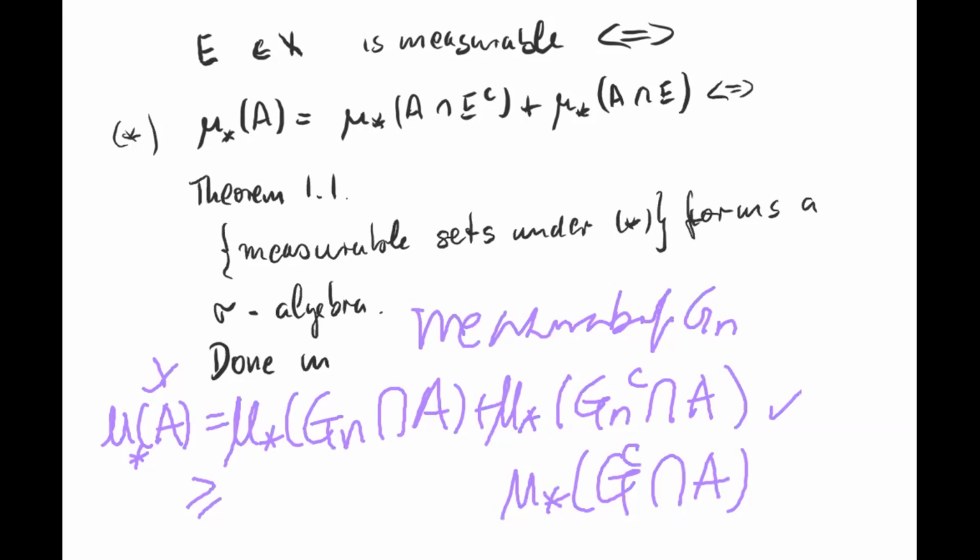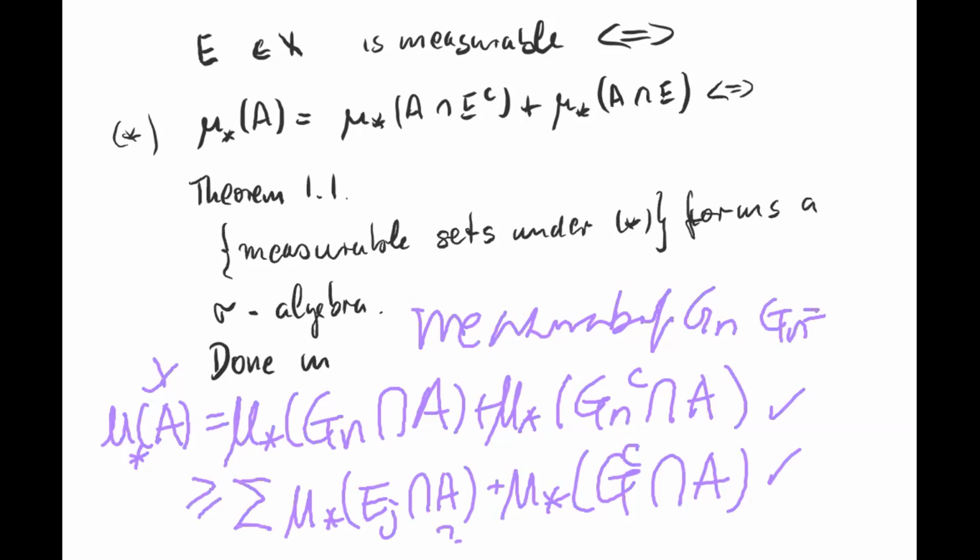So I understand this part, but I don't understand this part. I think this is greater, because the definition of G_N is a union.